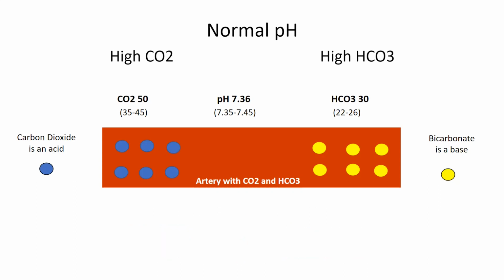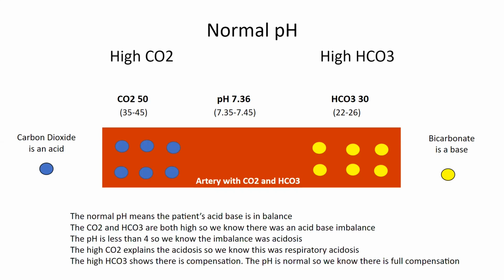Now look at this slide. You can see that there's balance between the acid and the base, between the CO2 and the HCO3. The pH is normal because there is balance, but the CO2 and the HCO3 are both higher than normal. Now let's go through the numbers. The normal pH means the patient's acid-base is in balance. The CO2 and HCO3 are elevated, so we know there is an acid-base imbalance.